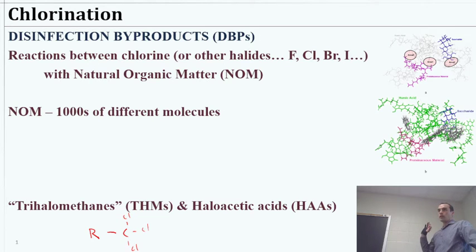The extent to which you're going to have these formed will depend on the concentration of chlorine you're using and the contact time. We'll talk about that soon. So maybe you use some ozonation and then chlorination, or maybe UV light and then chlorination. You might set up your system to avoid having too much straight chlorine as your disinfectant.